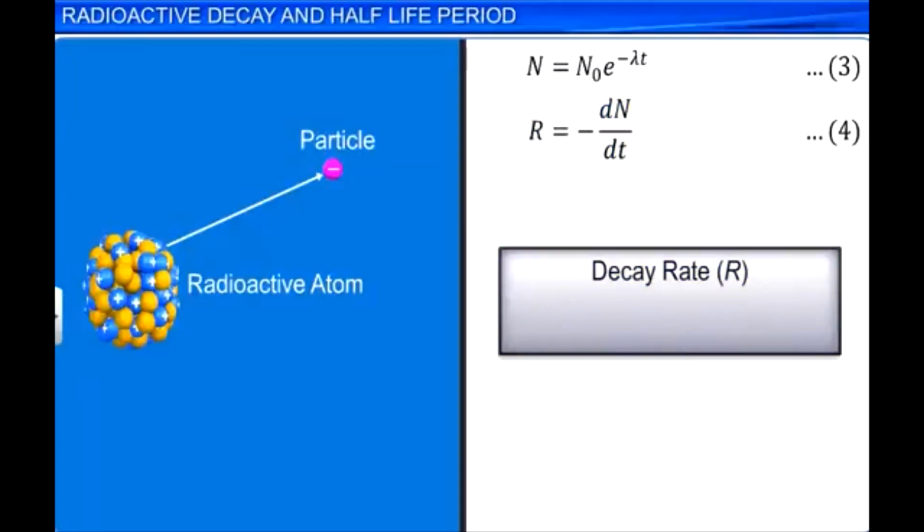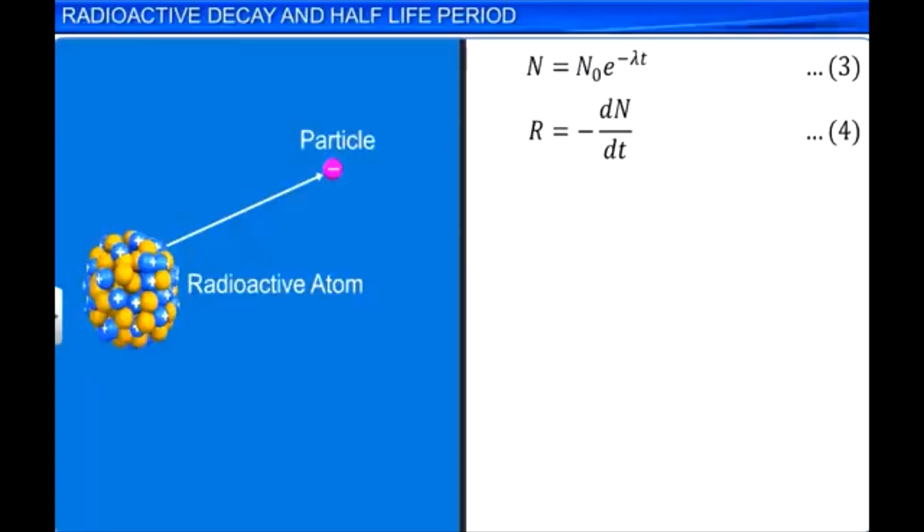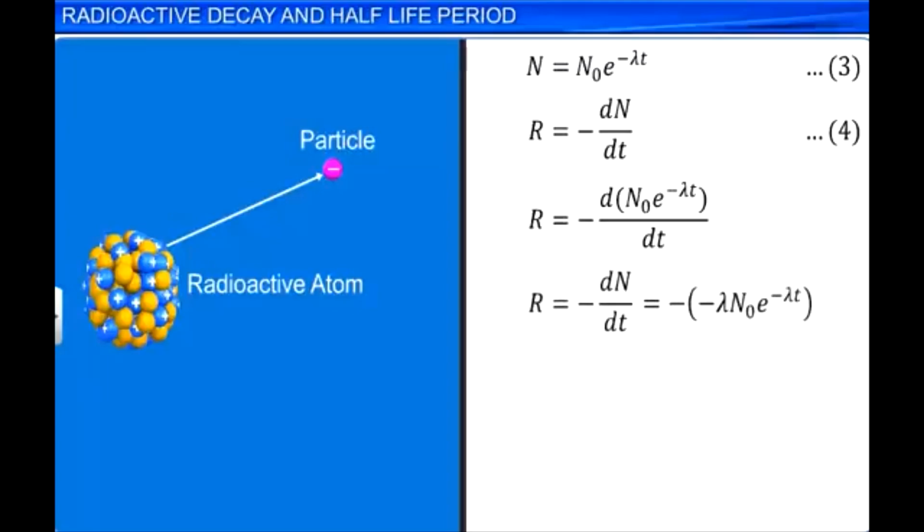Substituting equation 3 in equation 4, we get R is equal to minus d by dt of N naught into e power minus lambda t. Simplifying further, we get R is equal to lambda N naught e power minus lambda t. Let this be equation 5. Substituting equation 3 in equation 5, we get R is equal to lambda N. Now, at time t is equal to 0, let R be equal to R naught.